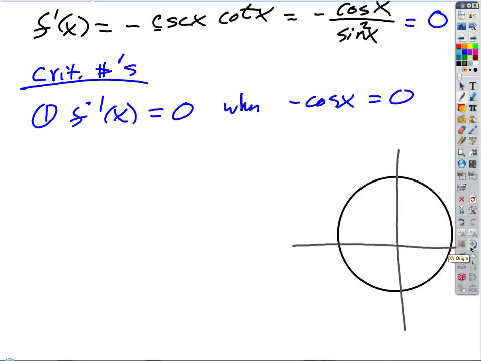Okay, good. Now that's the x coordinate, right? So that's going to be there and there on the unit circle.